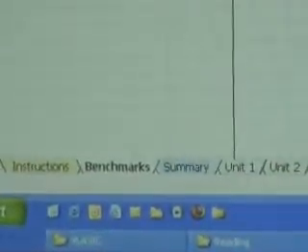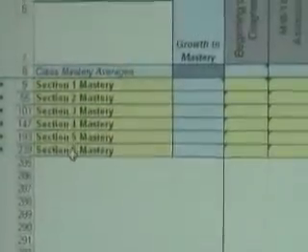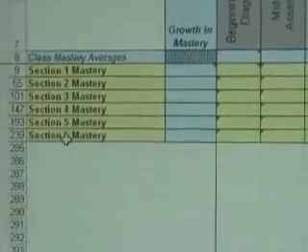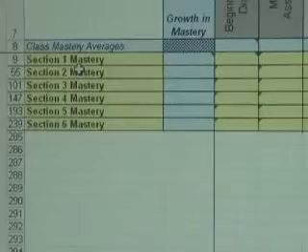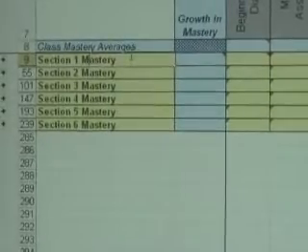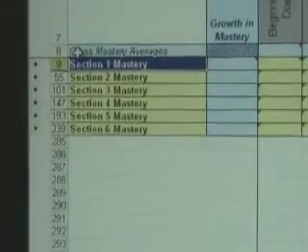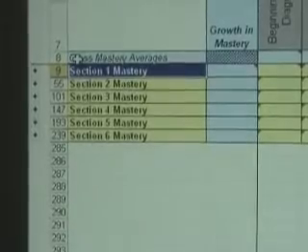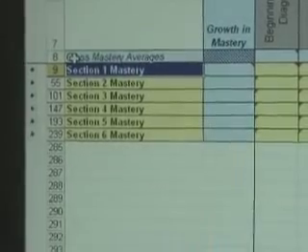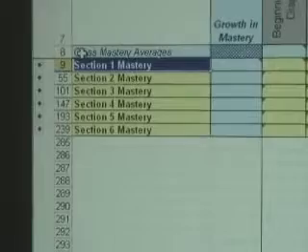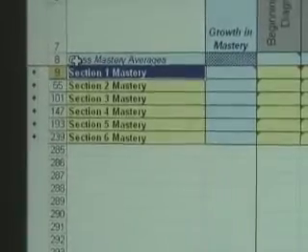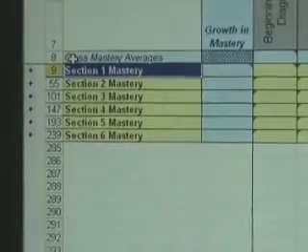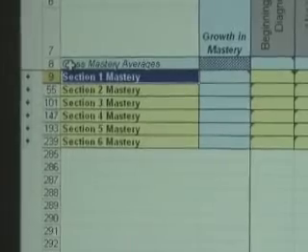On benchmarks, you see section 1, 2, 3, 4, 5, and 6. I want you right now to go ahead and change. Click on this row and put the periods you teach. So if you teach 1, 2, 3, 7, and 8, change the section so it aligns with what you teach. So this is easier for you to make sense. I'm just going to go ahead and put the periods that I taught when I was a teacher.